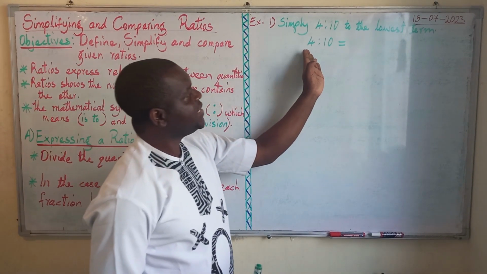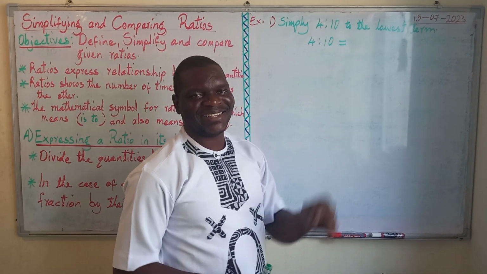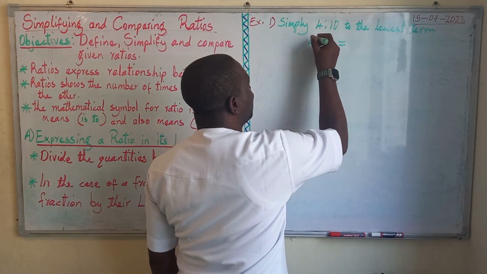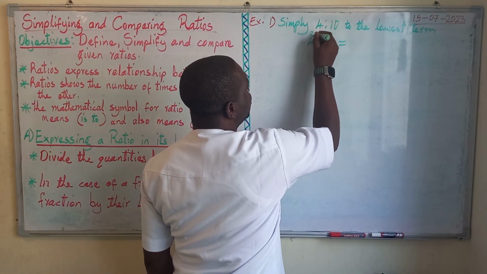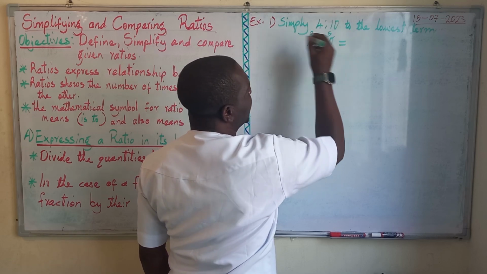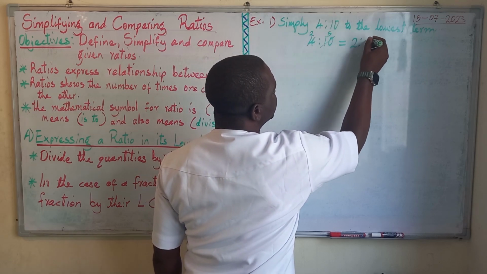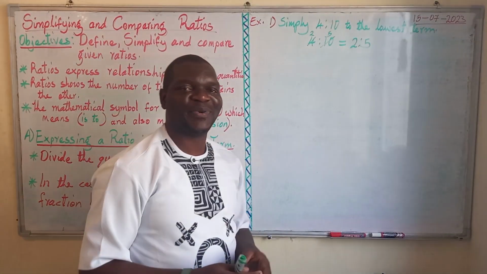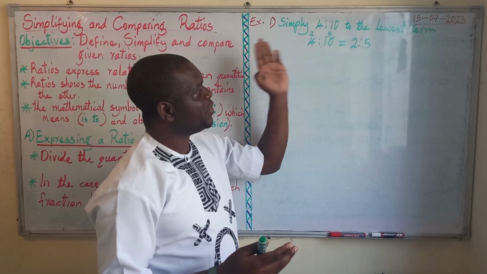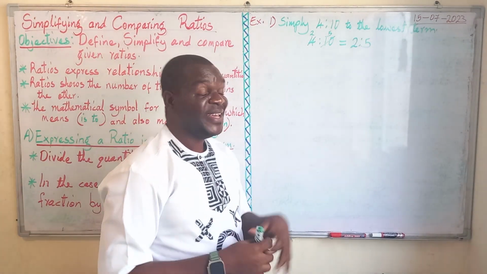What will be the highest common factor of 4 and 10? We all know this is 2. If you divide 4 by 2, you have 2, and if you divide 10 by 2, you have 5. Our answer will be 2:5. This is what you are supposed to do in simplifying a ratio to its lowest term.